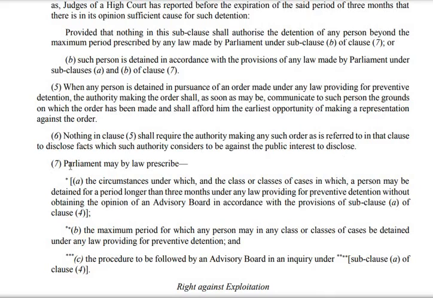अब क्लाउज 7 में they are talking about the parliament जो लॉ बनाएगा उसके गाइडलाइन.